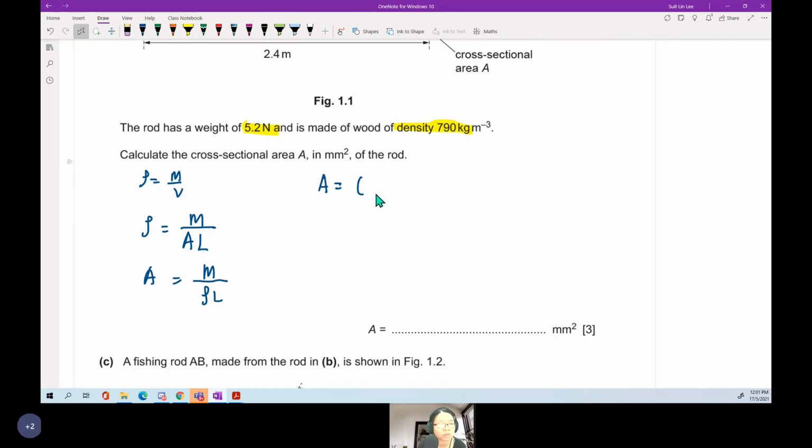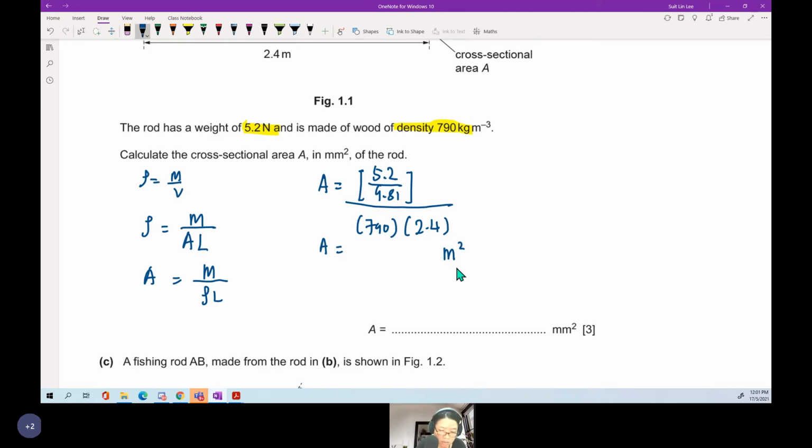It has a weight of 5.2, so the mass needs to be converted, right? 5.2 divided by 9.81, big divide, over 790 times the length of 2.4. Of course, your area is going to be small because this is in meters squared, which we need to convert later.